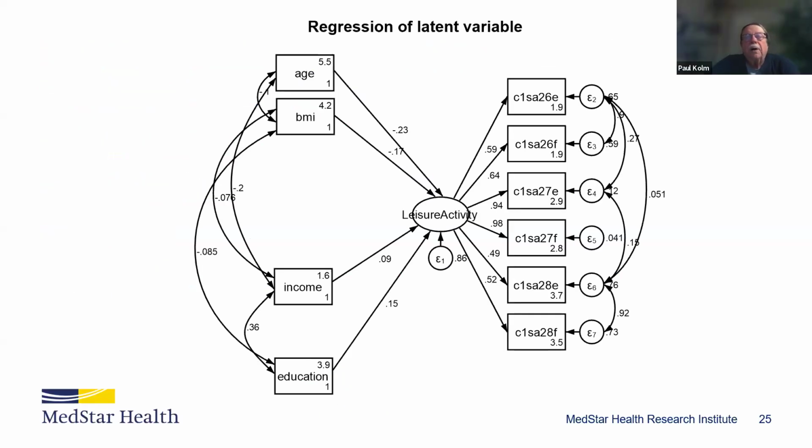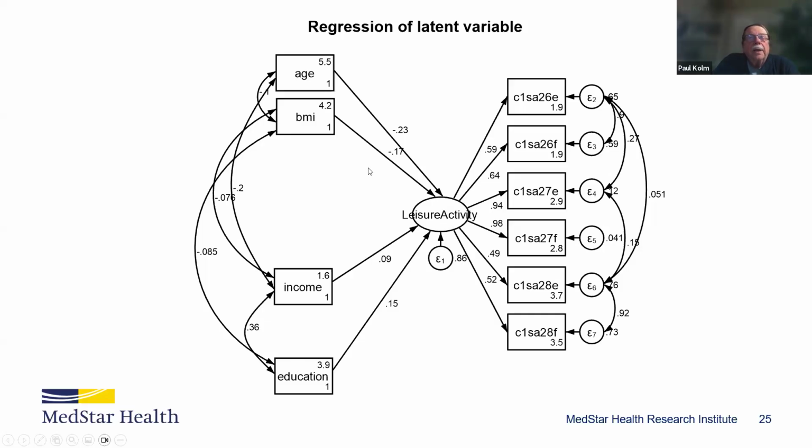And so here's our model. If you remember, we have a really good measurement model, where these measuring leisure activity had a really good fit to the data. But now we want to look at whether age, BMI, income, and education impact leisure activity.